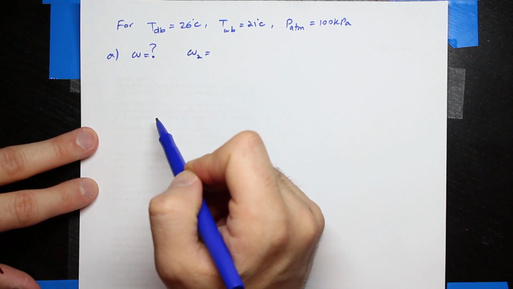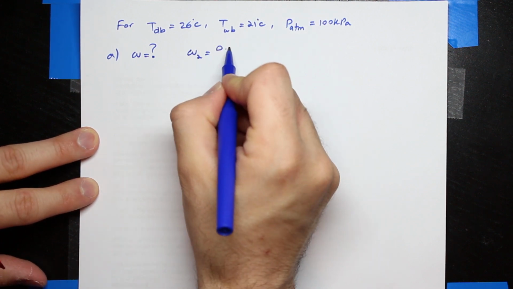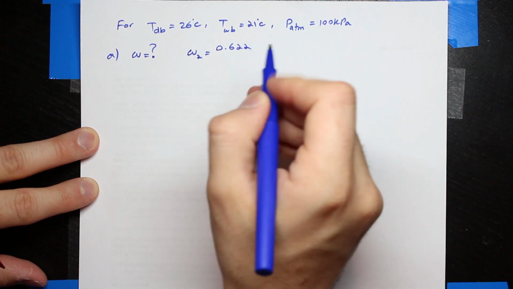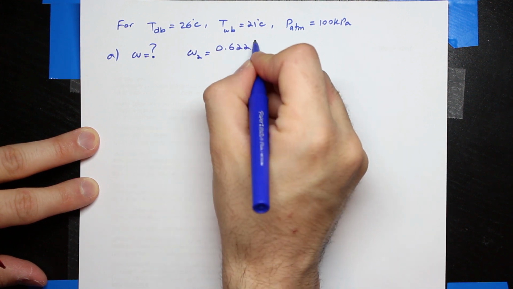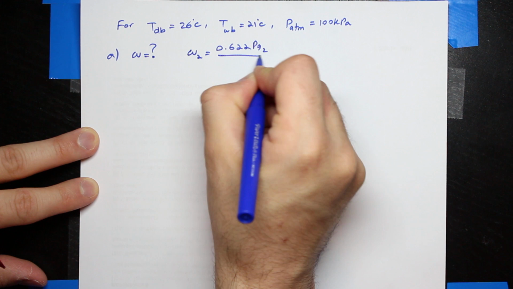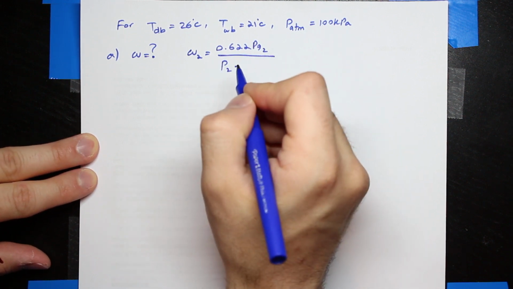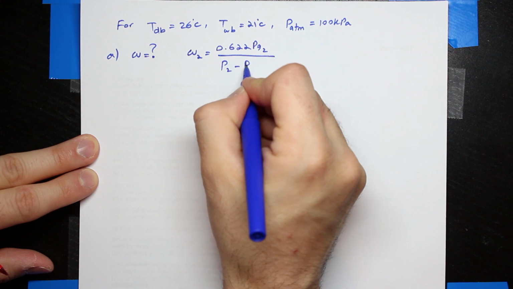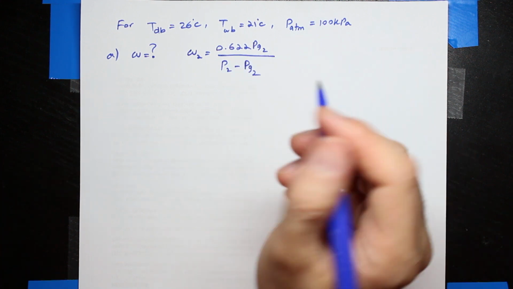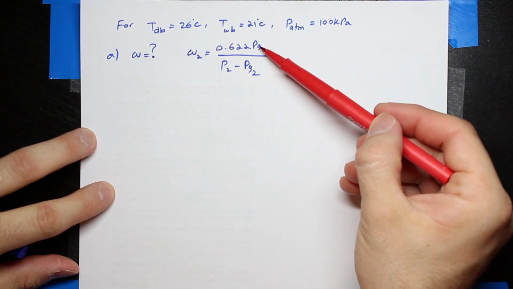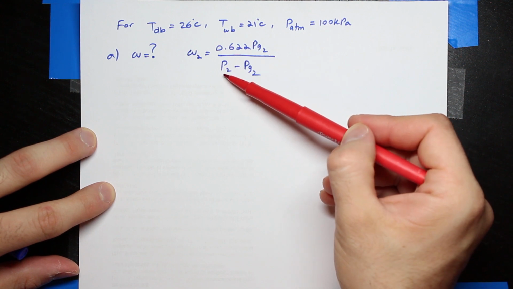But regardless, omega 2 is going to be equal to 0.622 Pg2. By the way, there is absolutely no point in memorizing all these equations. I'm looking at my notes. P2 over Pg2. Okay, now the question is, what is Pg2? What is P2?